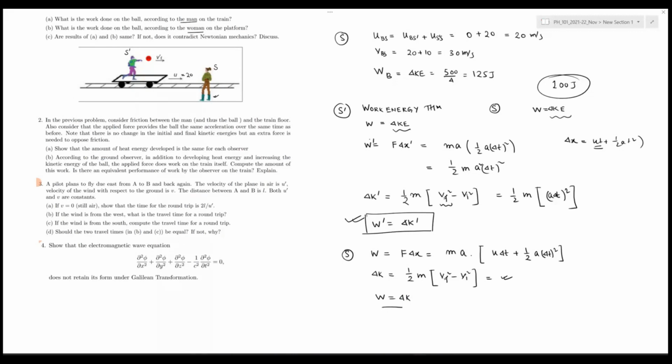So delta K will become half m vf square minus vi square, which is half m, u plus a delta t whole square, minus u square.